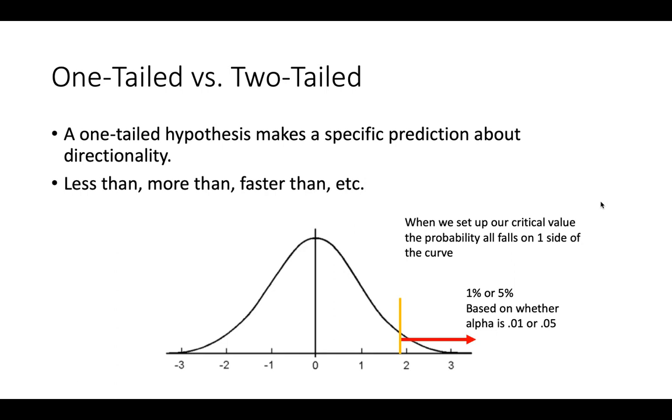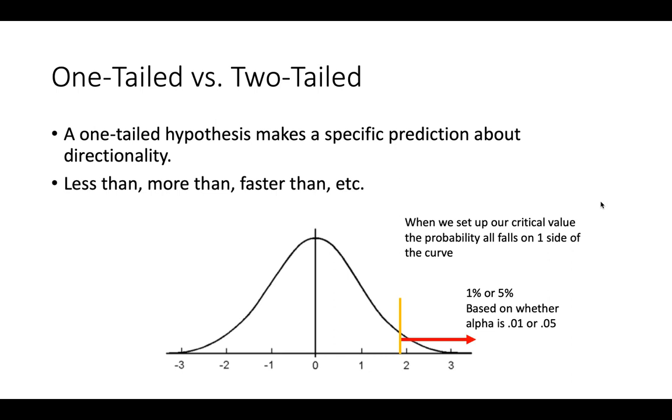So do we think that a group will be less than, greater than, more than, faster than, slower than, smarter than, meaner than, whatever the variable is? Is the researcher making a prediction that the group will score less than or greater than the population of interest for comparison?